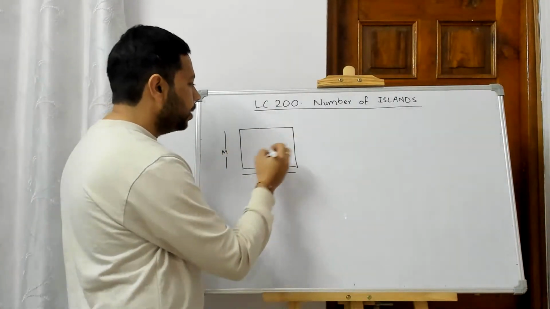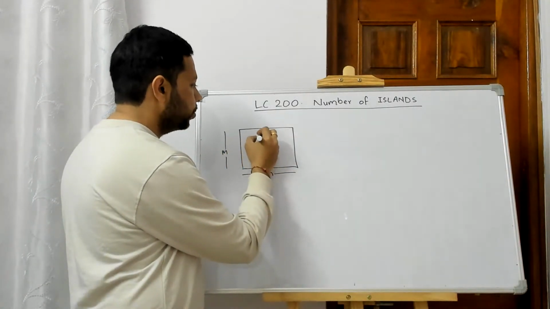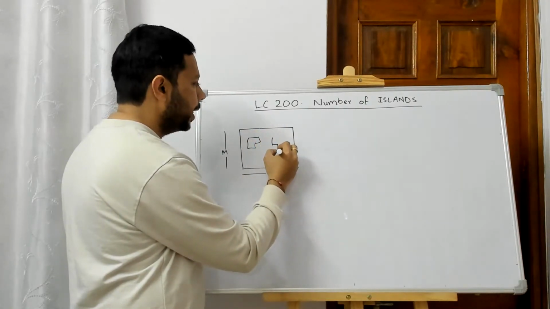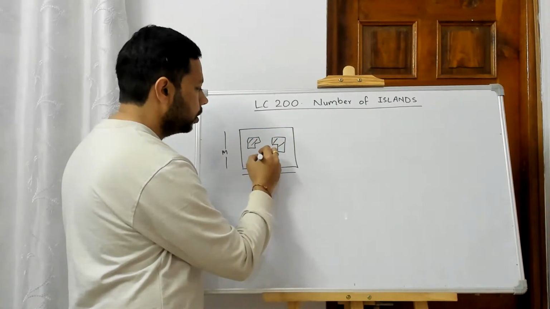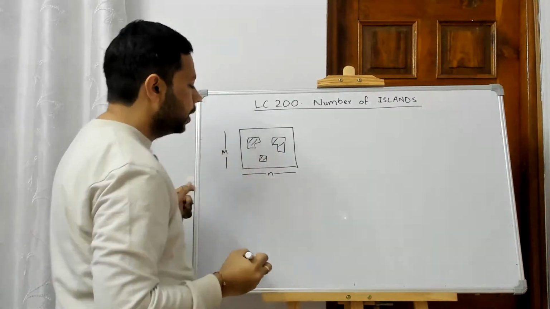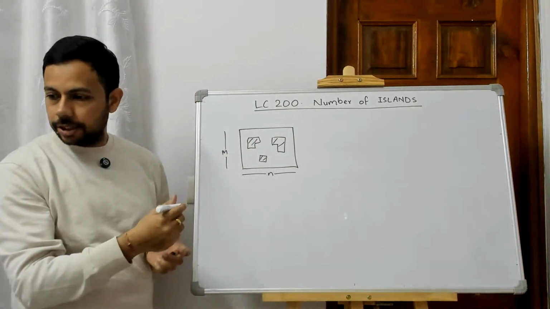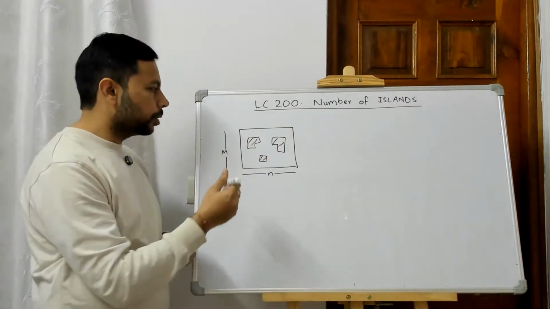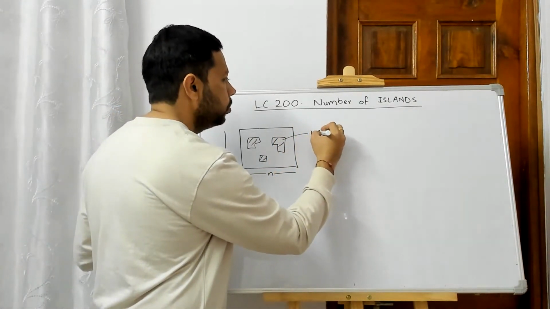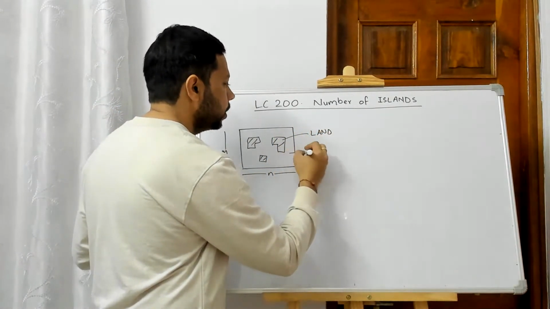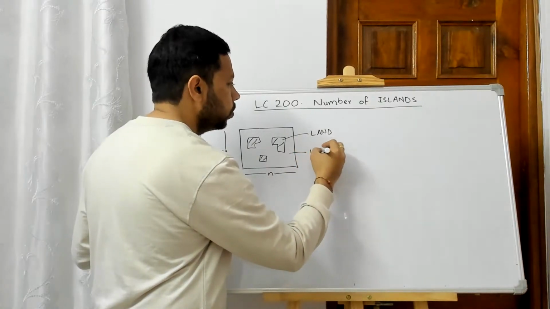Now, in this map, there are different places which are land. All these areas are land, like this, and whatever is not shaded is actually water. So this is land, and this is water.